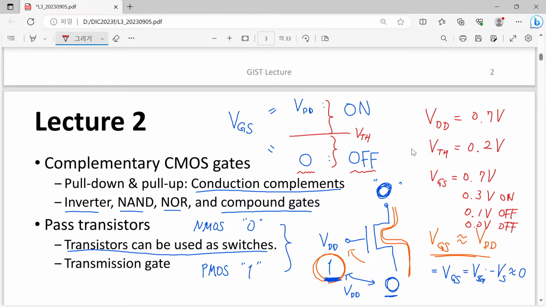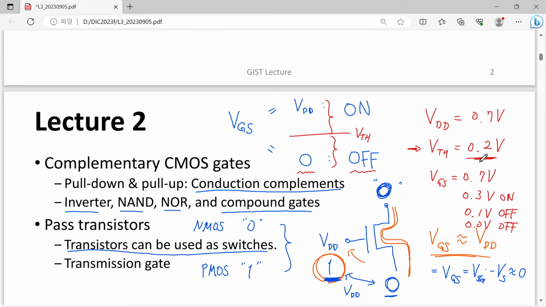Usually, for NMOS, this VGS is a positive number, positive 0.2, something like that. So usually we have the rule that VTH should be set as just a fraction of our VDD. When we have a VDD of, for example, 1 volt or 1.5 volt, then there is a range for a desirable VTH value.